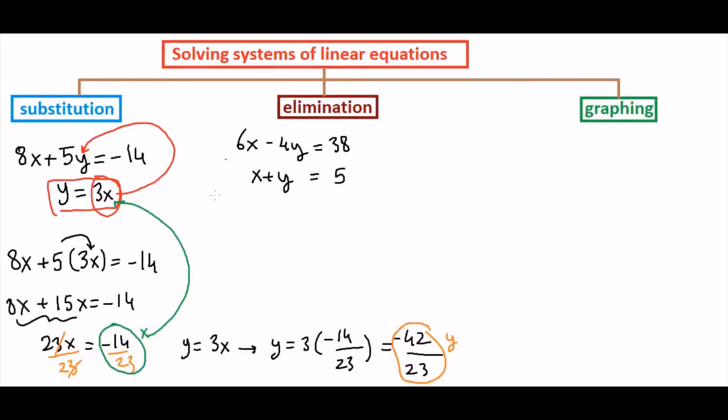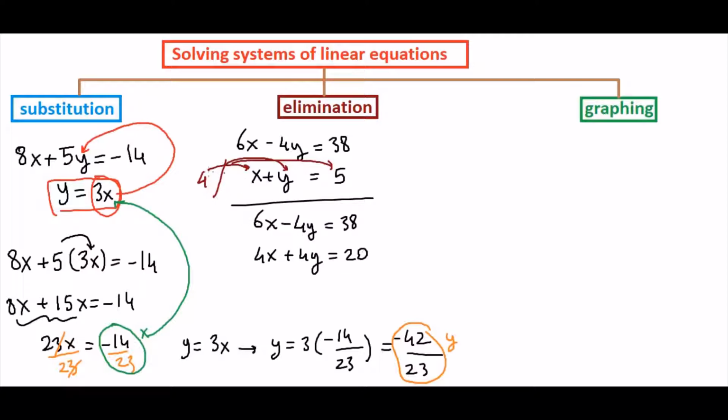For this, I'm going to multiply the second equation by 4, and I'm not going to do anything to the first equation. The second equation, we're multiplying each term by 4. So 4 times x is 4x, 4 times y is 4y, and 4 times 5 is 20.